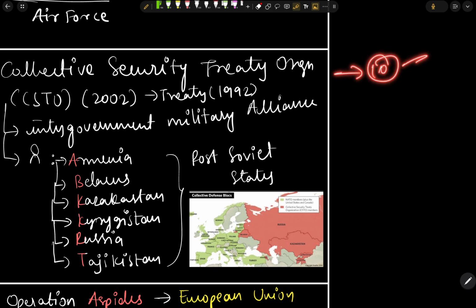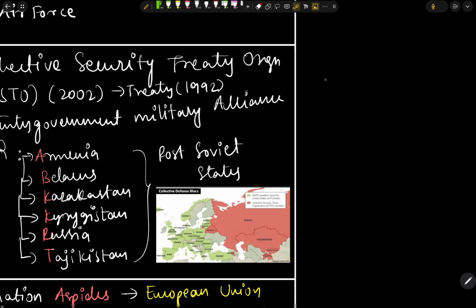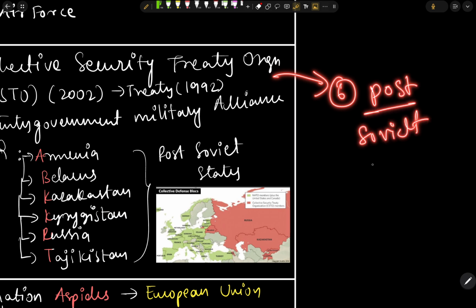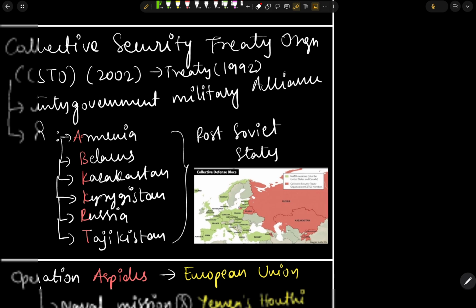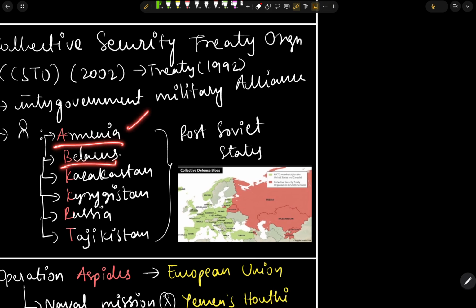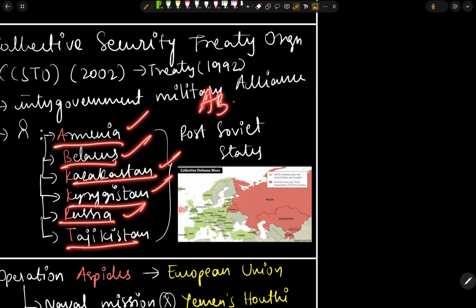Basically this organization contains members of the post-Soviet states, that is, six countries which were past Soviet states. They are Armenia, Belarus, Kazakhstan, Kyrgyzstan, Russia, Tajikistan. So we have A, B, K, K, R, T.